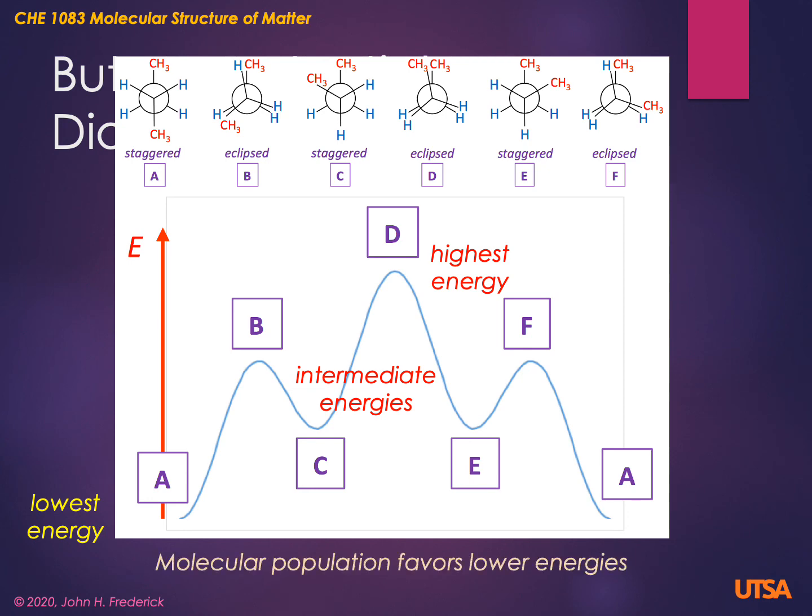I should note that molecular population tends to favor lower energy, so in a natural sample of butane, we're going to find more of the molecules in the A conformation than we'll find in the C and E conformations. We won't really find any molecules in B, D, and F because they represent maxima, so the molecule doesn't stay there. It tends to prefer places where it's in a local minimum, like A, C, or E.